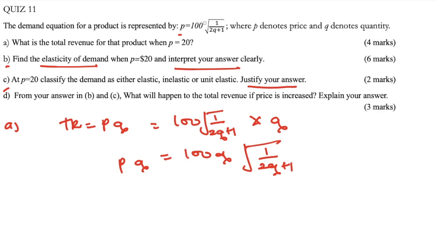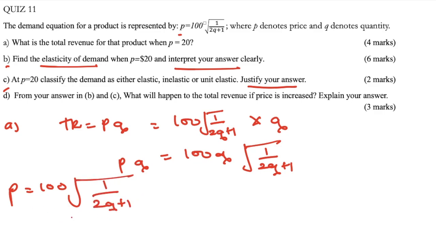So when the price is 20, you need to find Q first. Okay, so price equivalent to 100 times square root of 1 over 2Q plus 1. Okay, let me rewrite it somewhere here rather. Okay, so this is the total revenue function, but in order to find Q, P equal to 100 times square root of 1 over 2Q plus 1.